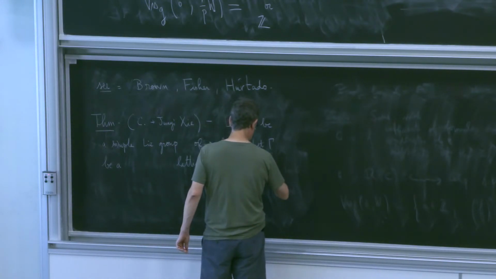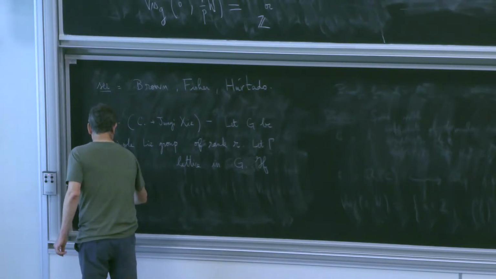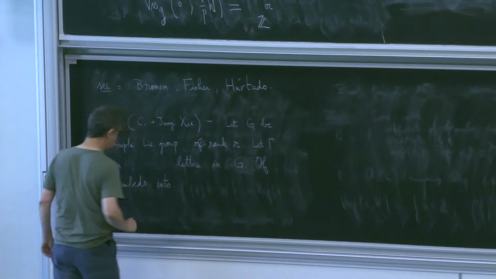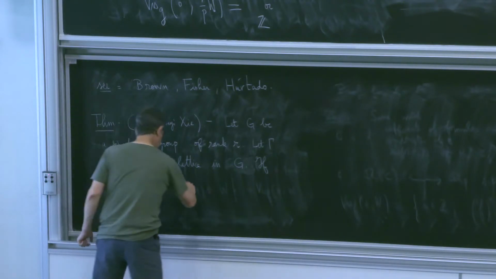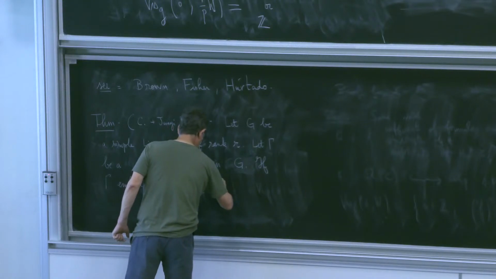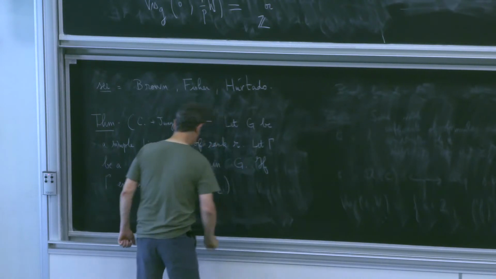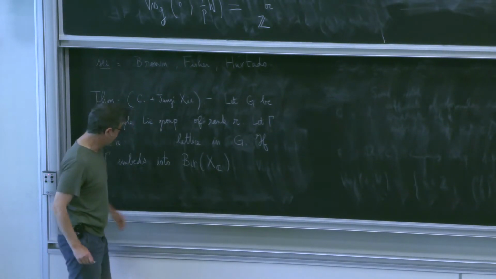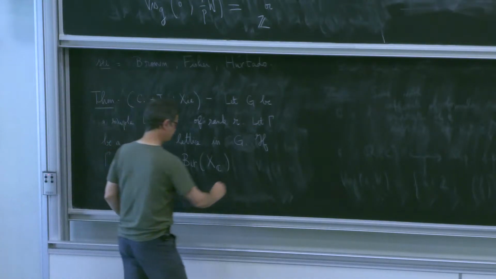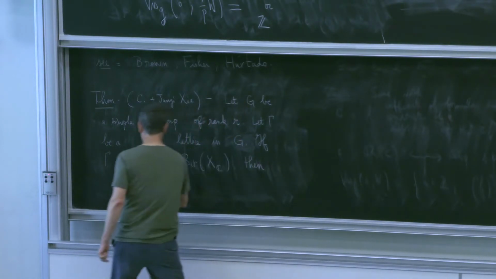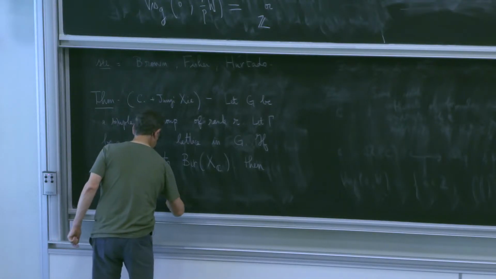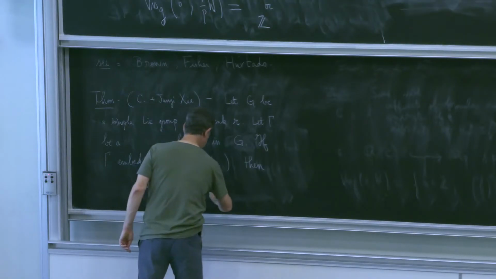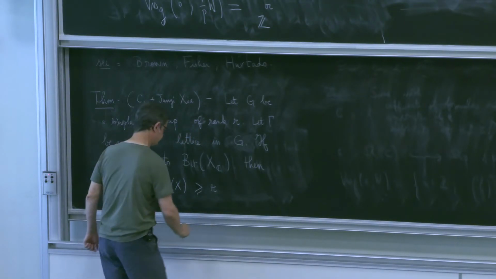If gamma embeds into the group of birational transformations of X, where X is a complex projective variety, then the dimension of X is at least the rank of the group.